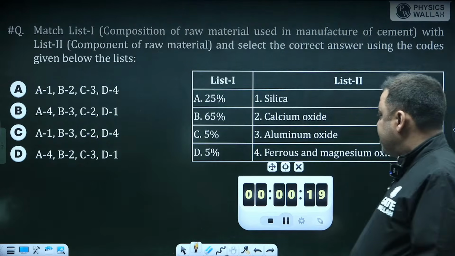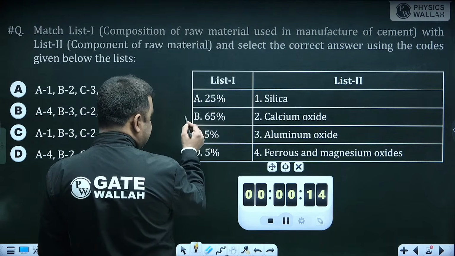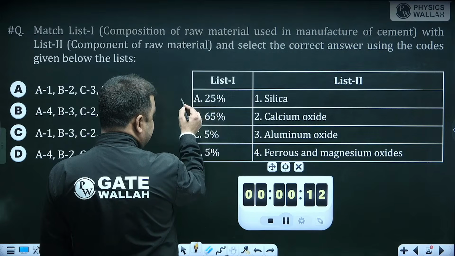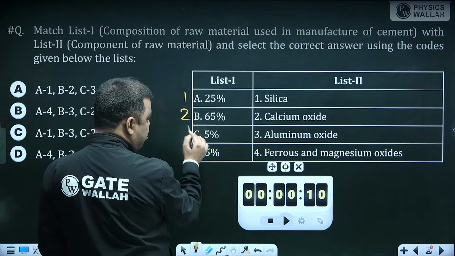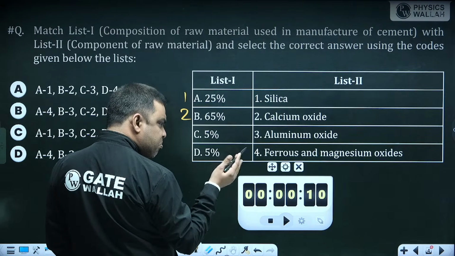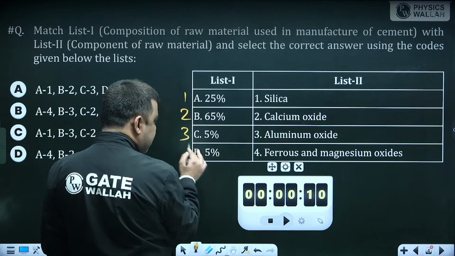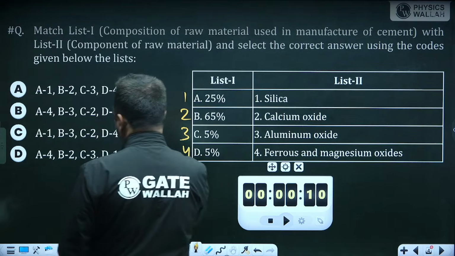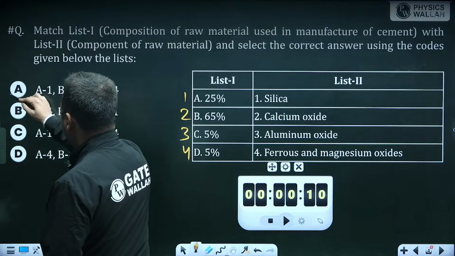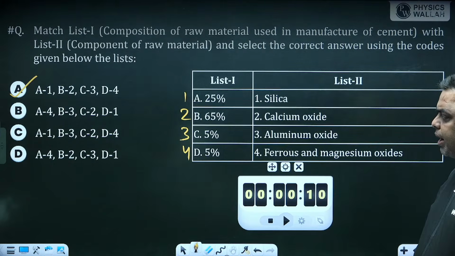Again A. See, calcium oxide is approximately 65% and silica is approximately 25%. Aluminium oxide is around 8 to 10%, 5% we can take it as. Ferrous oxide and magnesium oxide also 5%. So 1, 2, 3, 4: A1, B2, C3, D4. Again it will be A. Good.